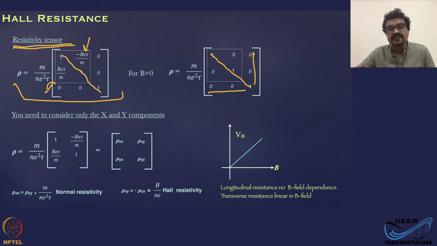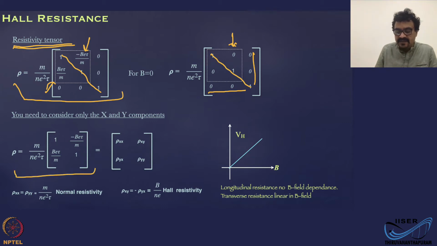So for the time being, to ease the discussion, we can ignore that and just take the 2 by 2 matrix here. That resistivity is given by m by n e squared tau into this matrix inside, of the form rho xx, rho xy, rho yx, and rho yy.